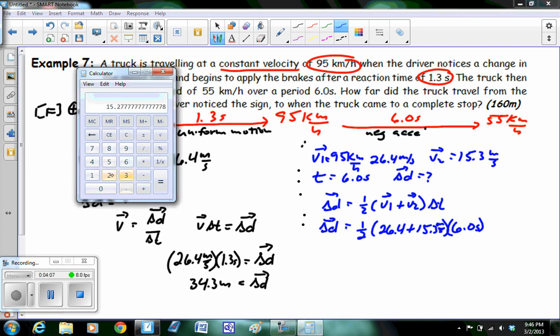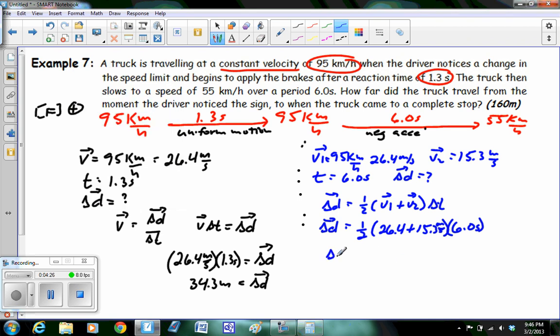So we've got 26.4 plus 15.3. I'm going to multiply that by 0.5 because of the half, and then times 6. So we're going to travel 125 meters during the braking portion.